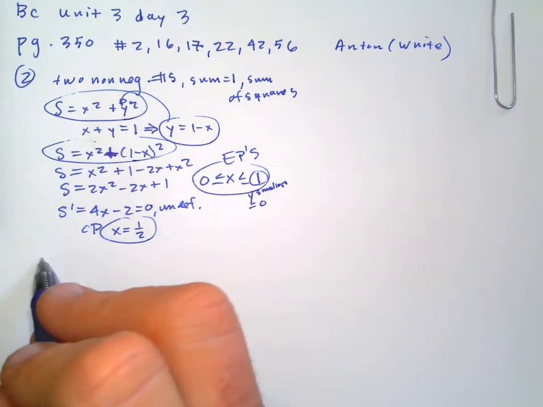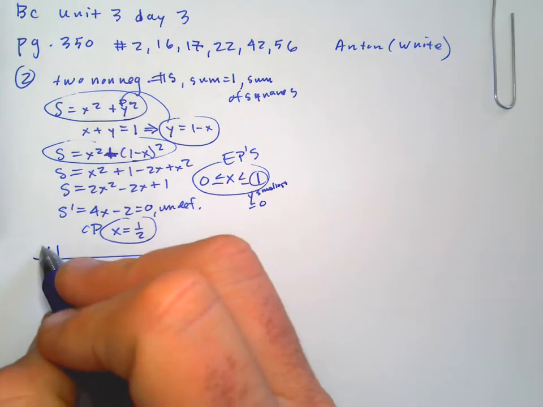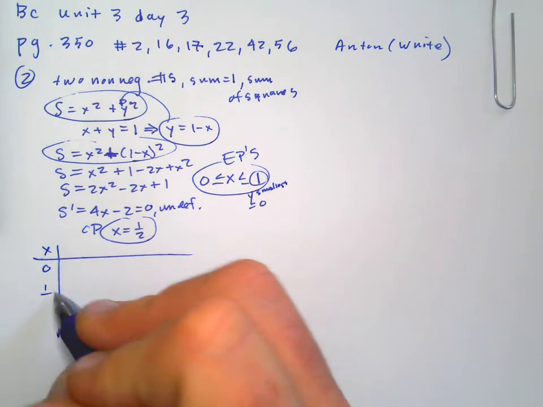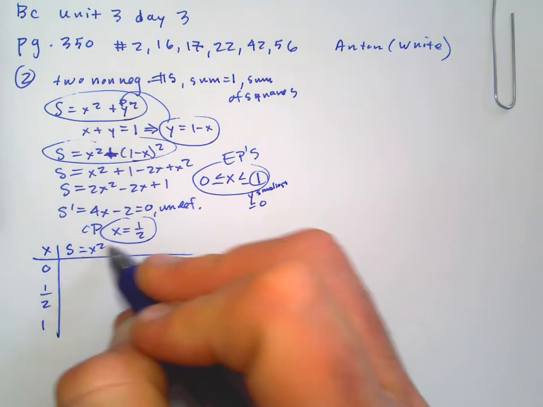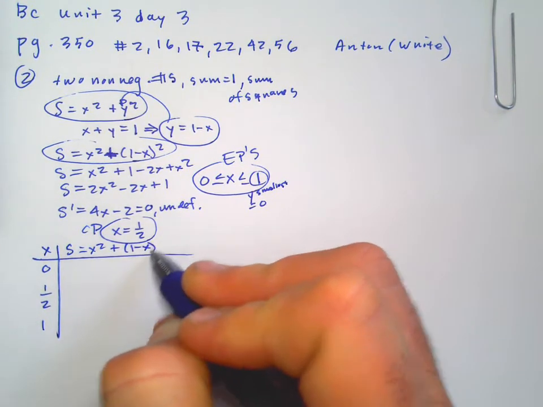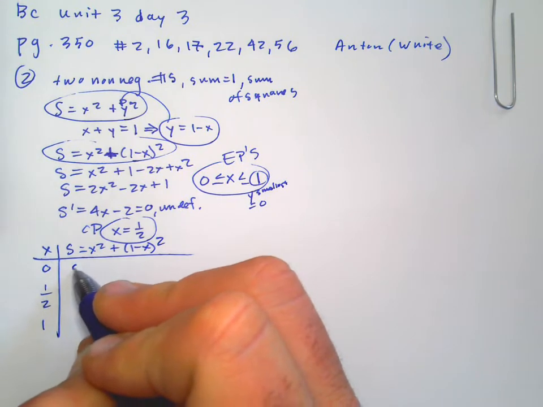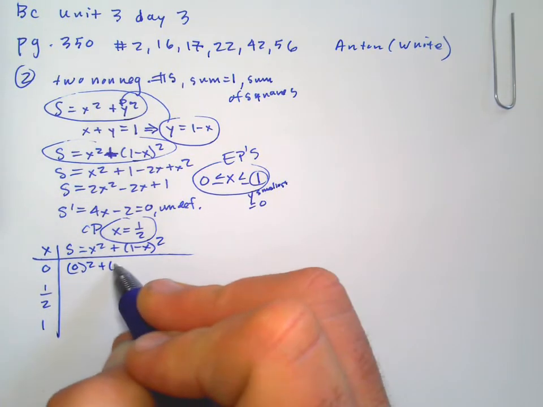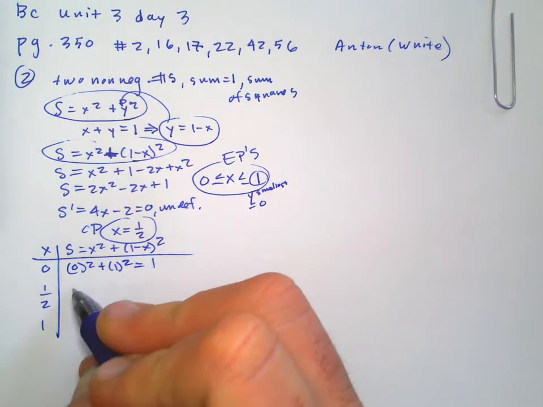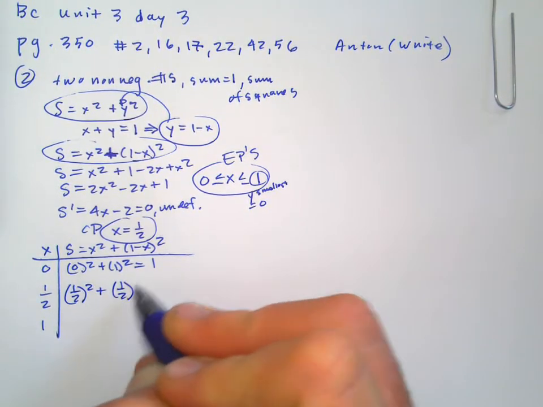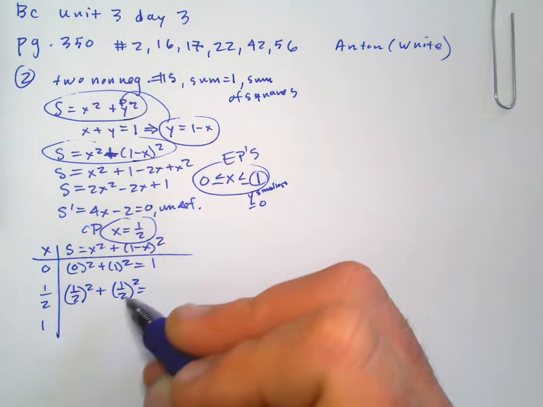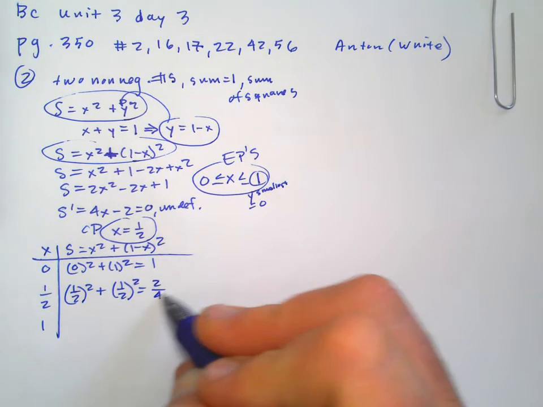And then you would make a little table. x: 0, 1/2, 1. You plug them into the sum, x squared plus (1 minus x) squared. So we get 0 squared plus 1 squared is 1. We get 1/2 squared plus 1/2 squared is 1/4 plus 1/4 is 2/4, which is 1/2.